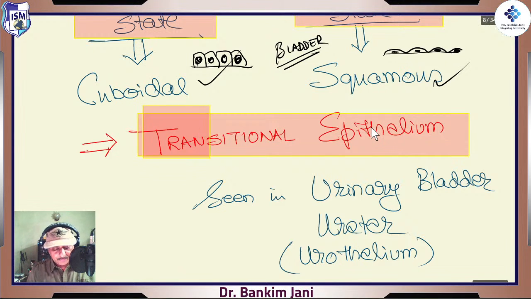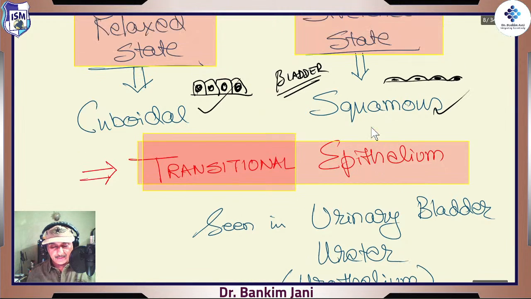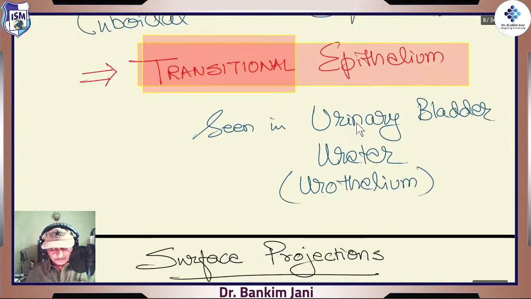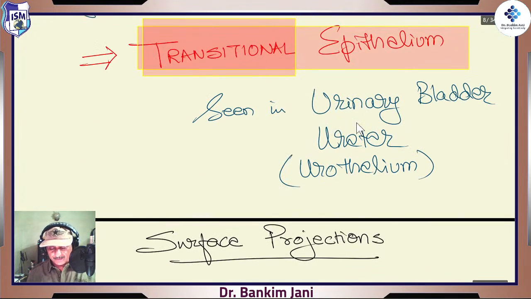So we learned two things. Transitional epithelium, so the word transitional, and the second word which we learned is pseudo. Got it? Right. So this is seen in the urinary bladder and ureter. Watch this word, urothelium. Many such words would come up as you go more and more into medical science.